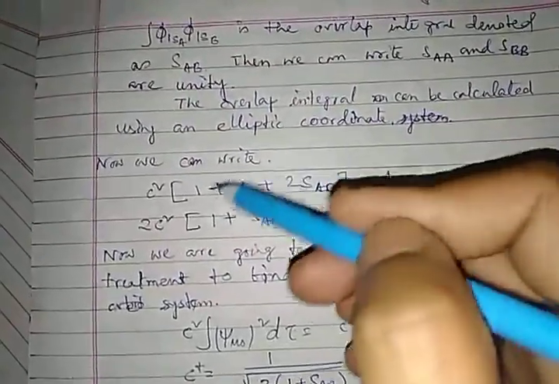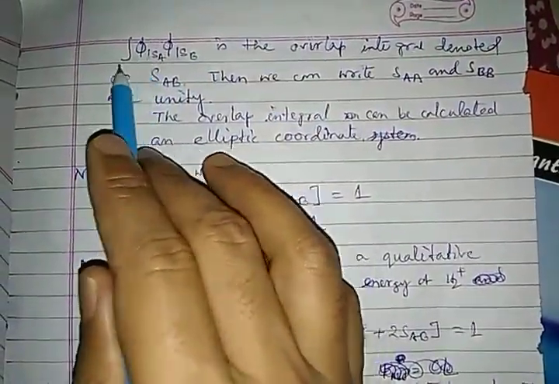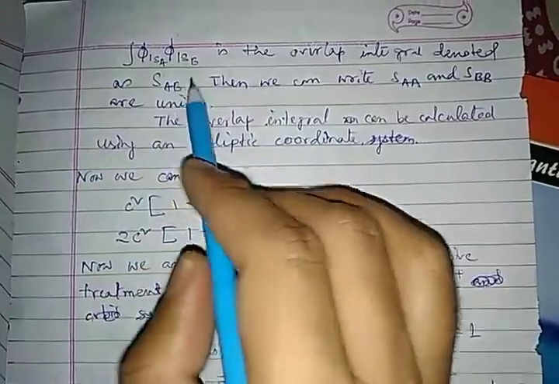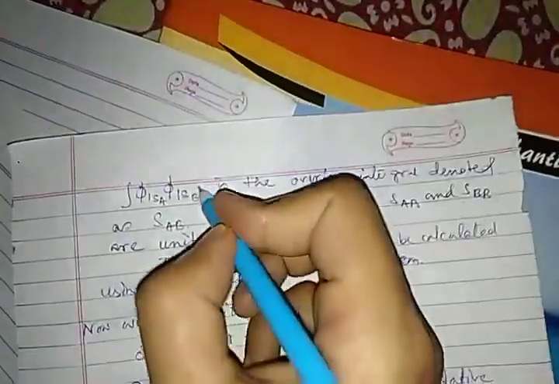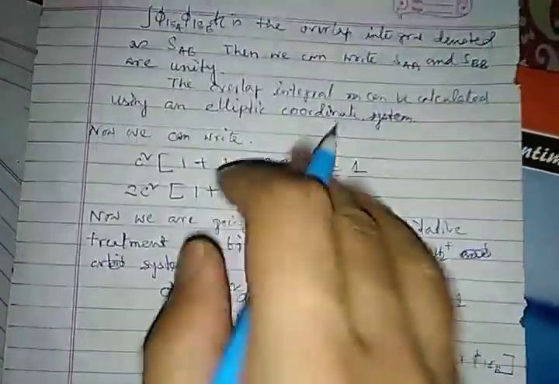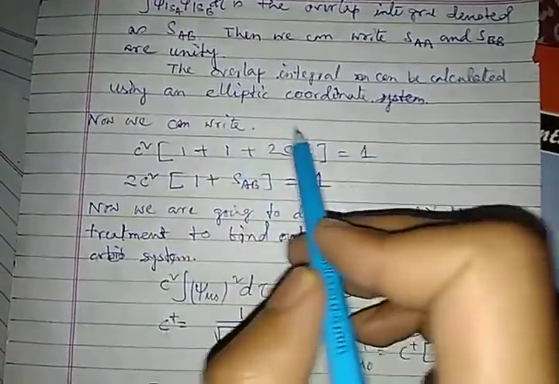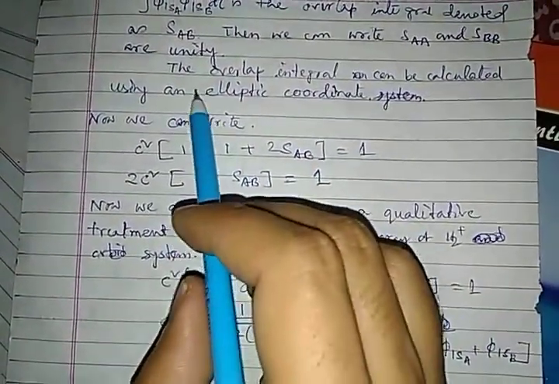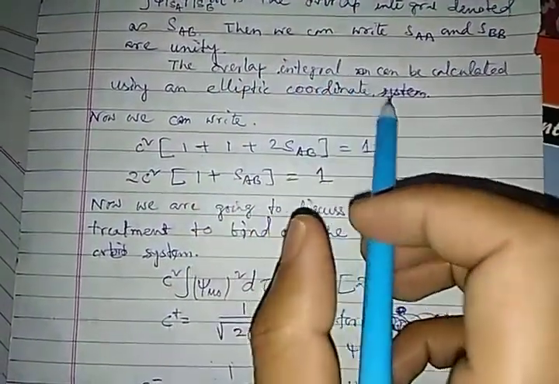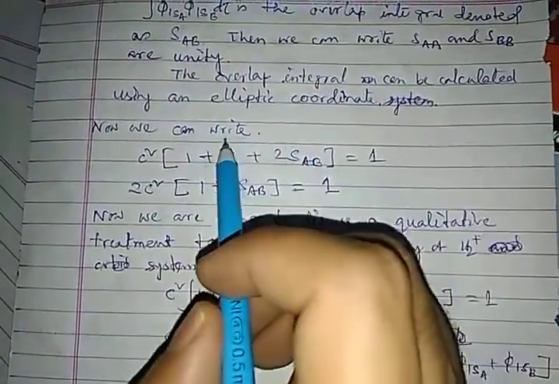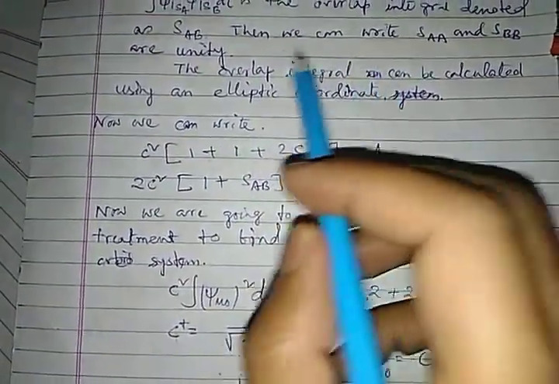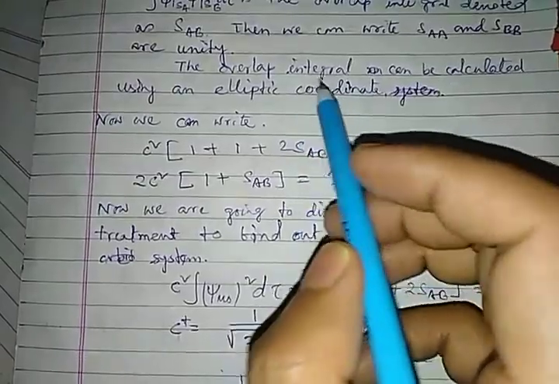Again one can ask, how can I calculate this overlap integral? The value of this overlap integral can be calculated using a special type of coordinate system, the elliptic coordinate. We are not bothered about this to find the overlap integral.